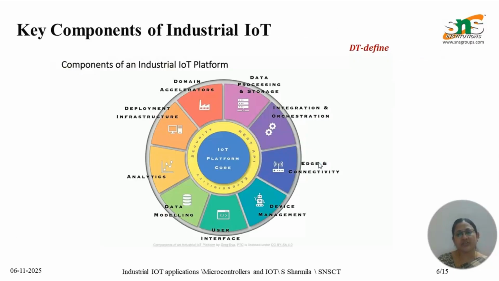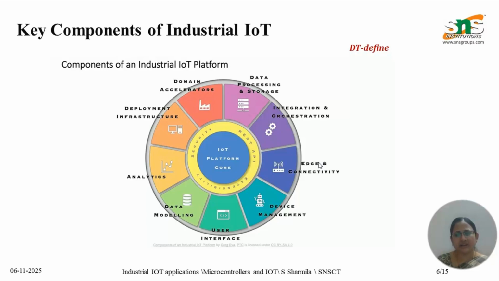Now we see the defining stage of design thinking, that is, the key components of industrial IoT applications. IIoT systems typically include four major components. The first one is sensors and actuators. These capture real-time data such as temperature, vibration, pressure and speed. Connectivity networks, technologies like Ethernet, Wi-Fi, 5G, LoRaWAN and industrial fieldbus, ensure reliable communication.